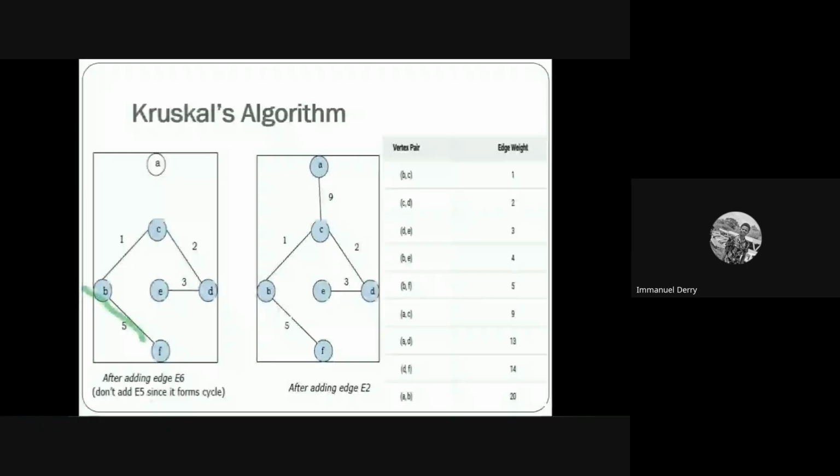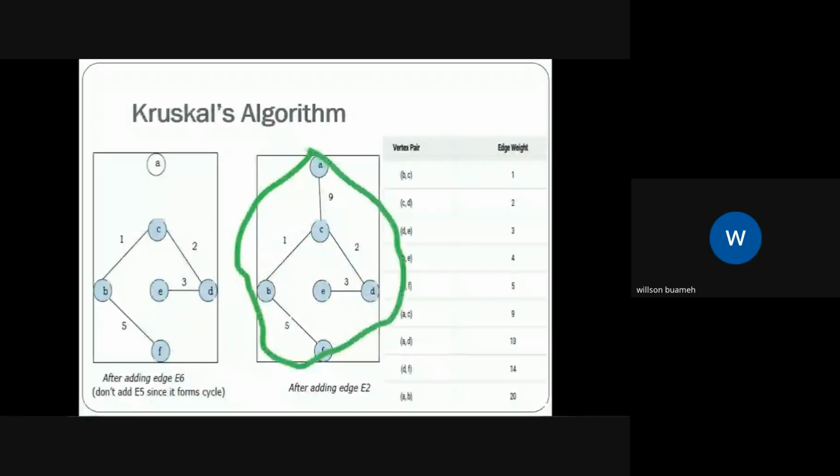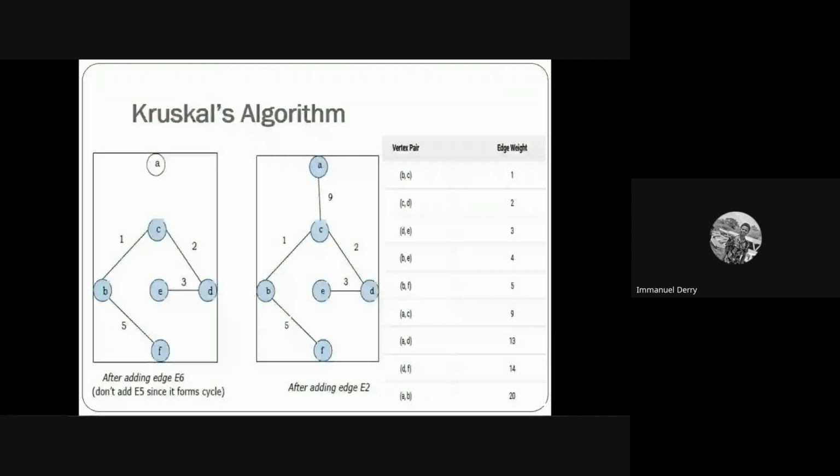And now come and choose the 9, right? And that is basically all. So this is the minimum spanning tree we have here. When you try to add any edge that is not here, it's going to make this form a circle, so we will not include it. So for the graph given earlier, this is the minimum spanning tree that we have.